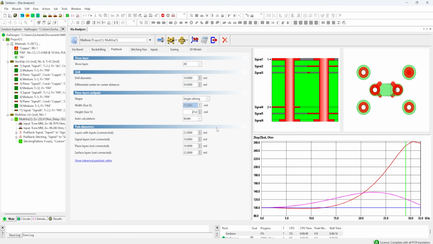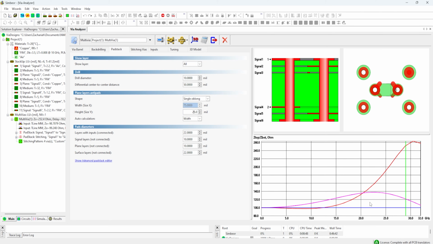But unfortunately, in this particular stackup, if I make my plane layer antipads 25 mils in order to add some capacitance to overcome this rising slope on this impedance curve, how much clearance does that leave us between this pad edge and the antipad edge? Well, it only leaves 1.5 mil. So that's basically going to be unacceptable for PCB fabrication.